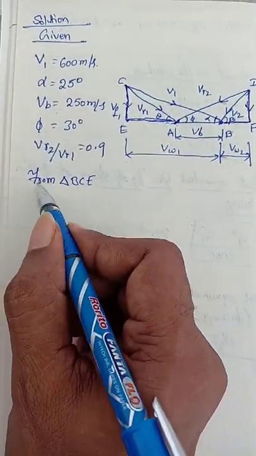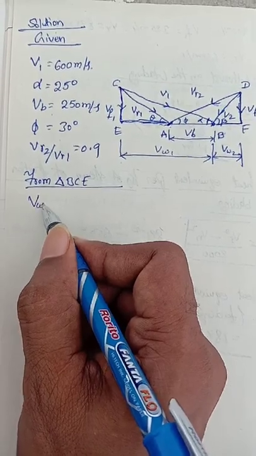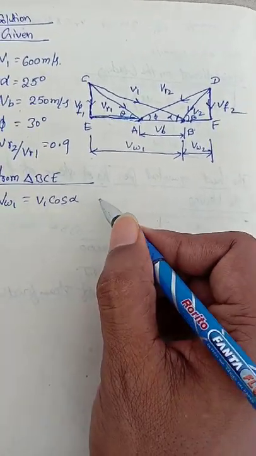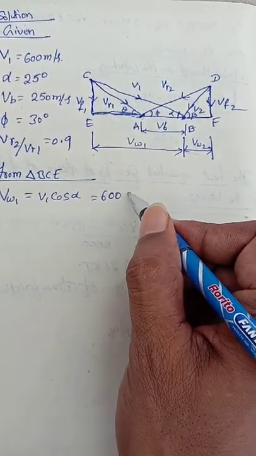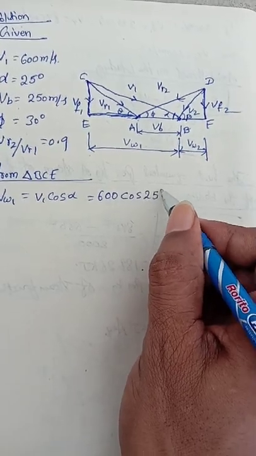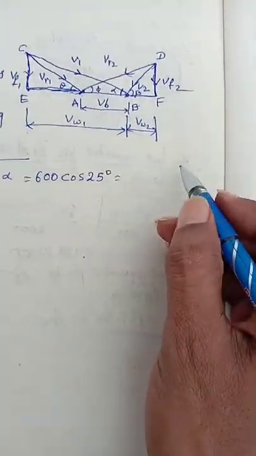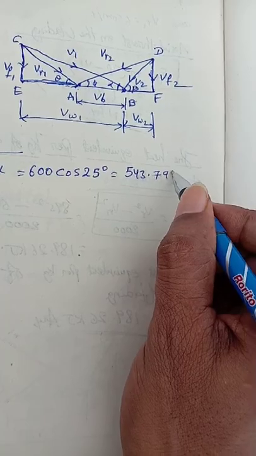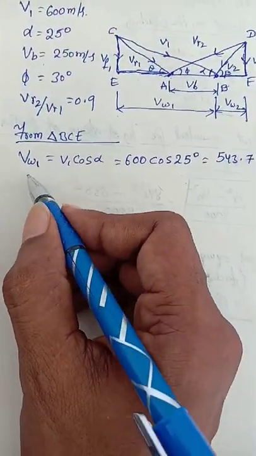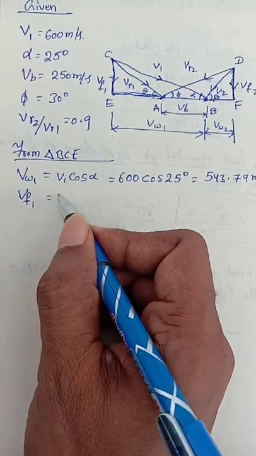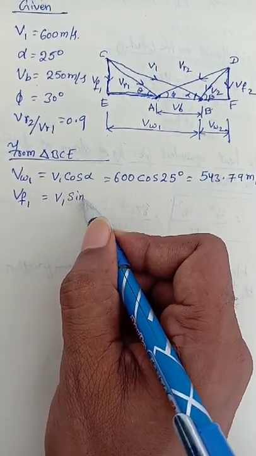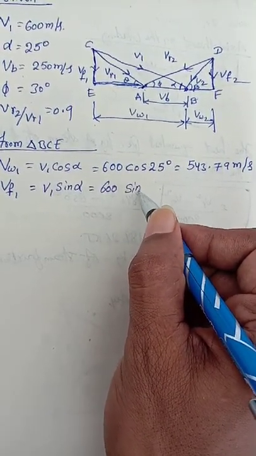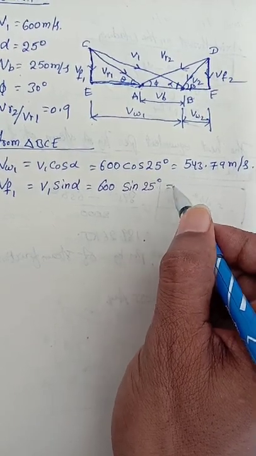We take it here. VW1 is equal to V1 cos alpha, that is equal to 600 cos 25 degrees, which is equal to 543.79 meters per second. Now we go for VF1 is equal to V1 sin alpha, 600 sin 25 degrees.